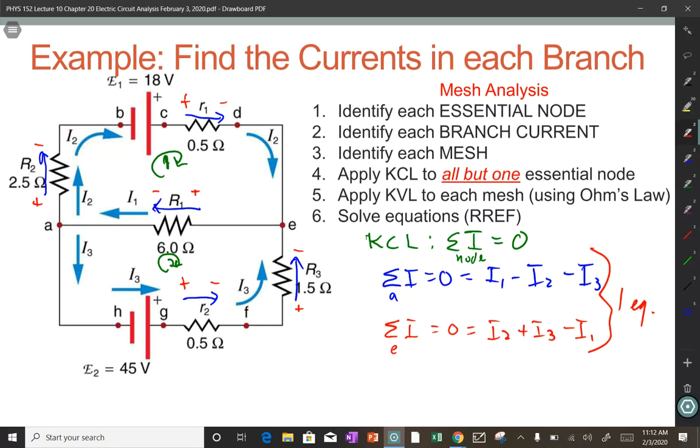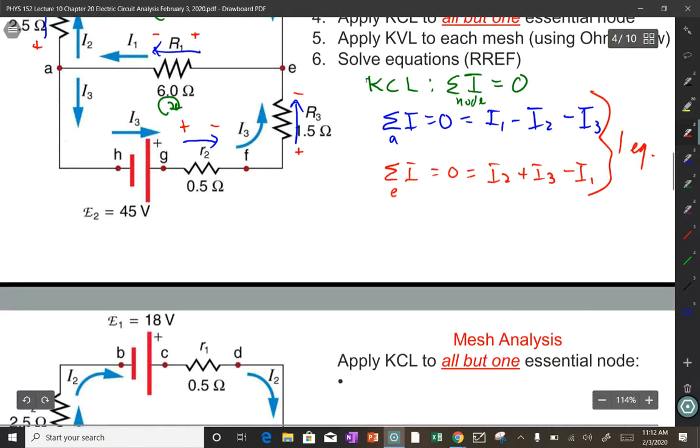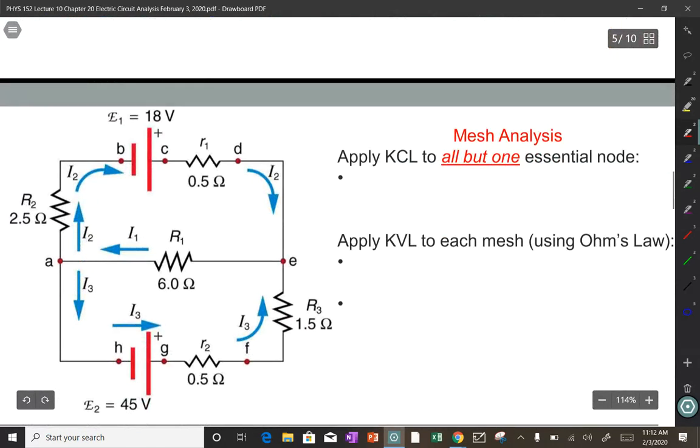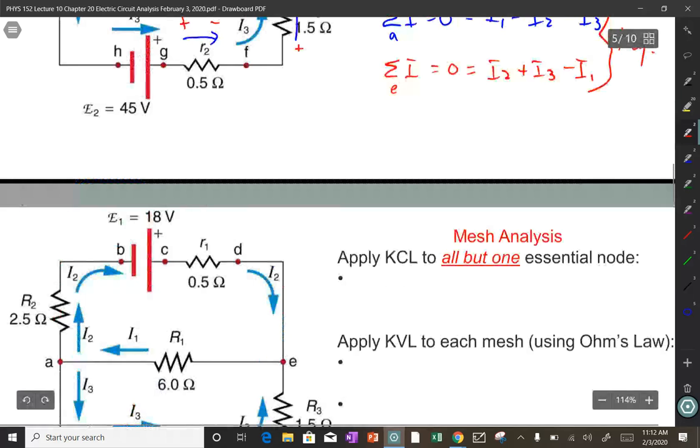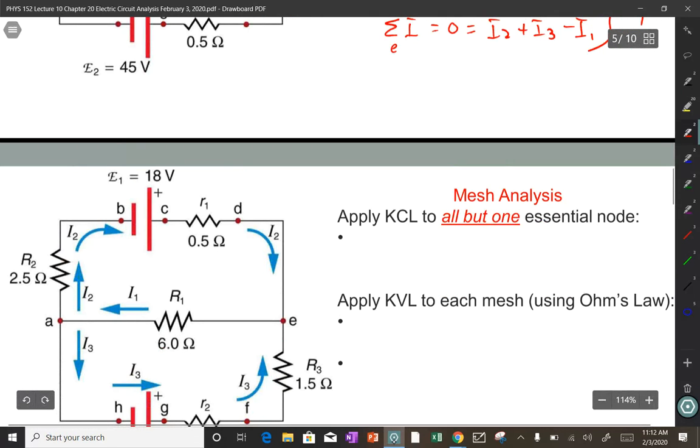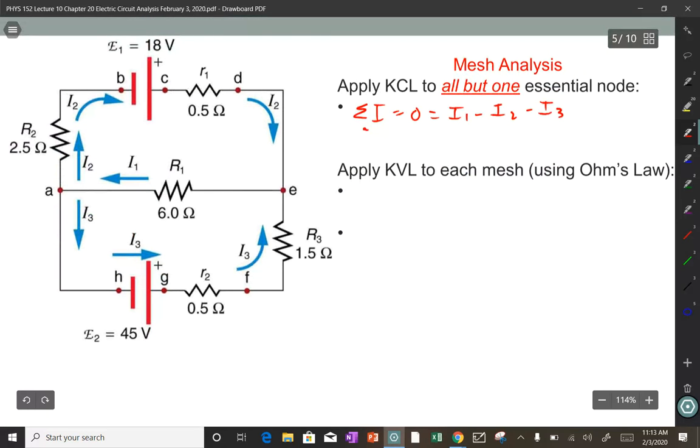So let's apply. So here I'll rewrite the equation that we had up above. Sum of the currents at A equals 0 equals I1 minus I2 minus I3. Now we're going to apply sum of the voltages on loop 1 equals 0.